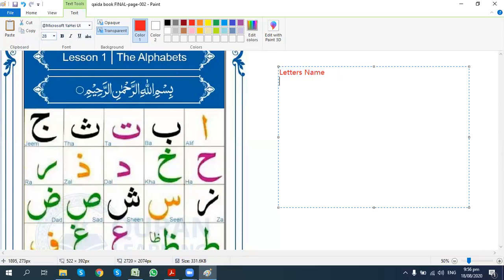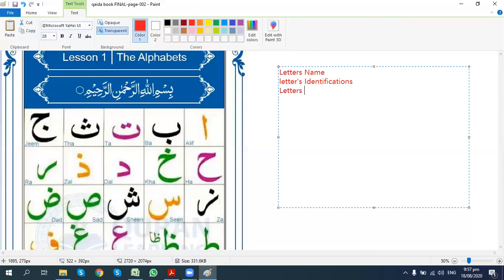Then simultaneously you can tell your student the letters' identifications, about how each letter looks. For example, the Ba looks like a flat shape with two edges on the side.